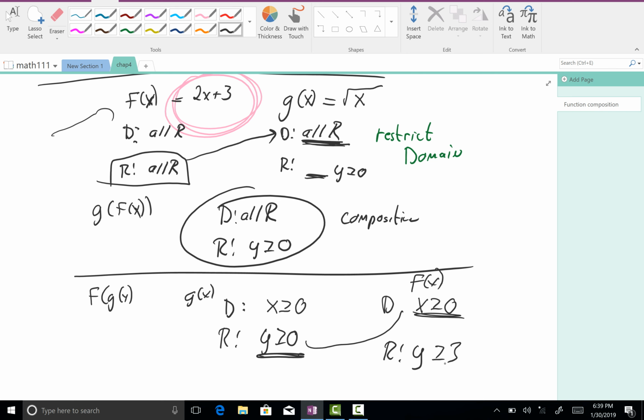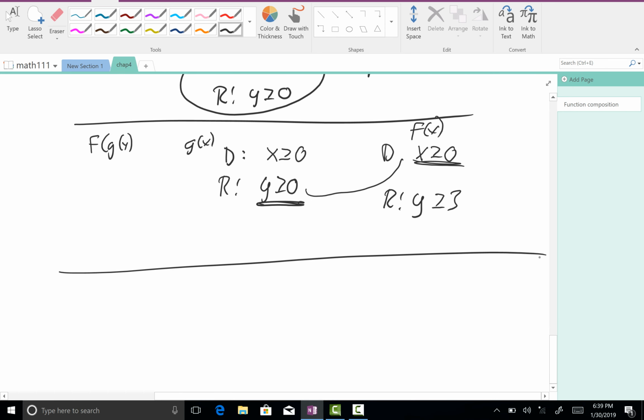Here, we'll do another one here. They do some square roots, so what the heck.